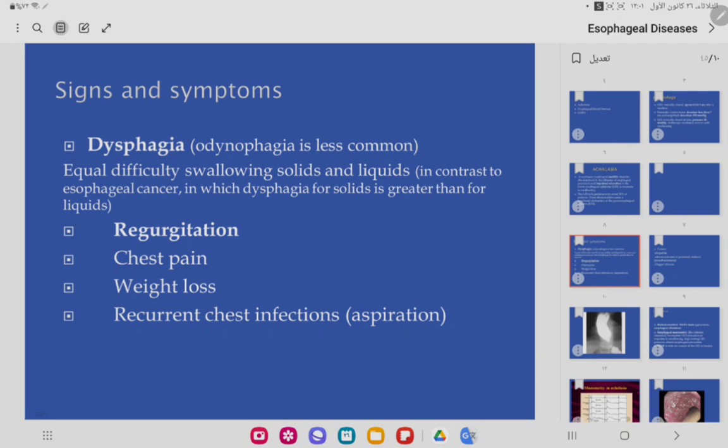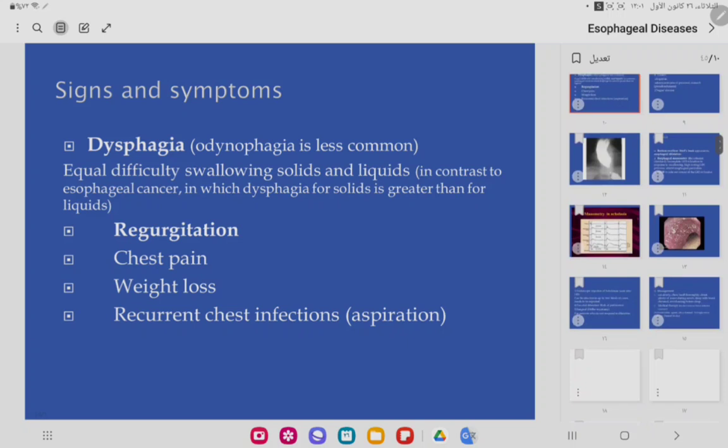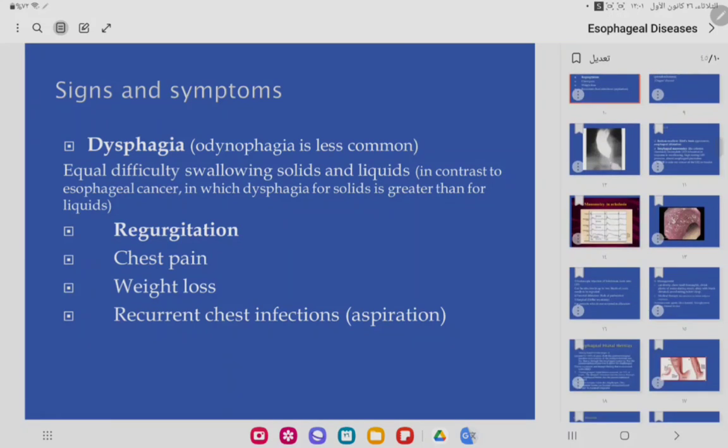The solid bolus usually uses gravity to go down, but because the sphincter is closed, neither of them will go. The bolus cannot go down because it is mechanically obstructed, and the fluid cannot go down because we need neuromuscular coordination for that. Okay, in esophageal cancer, dysphagia for solids is greater than for liquids.